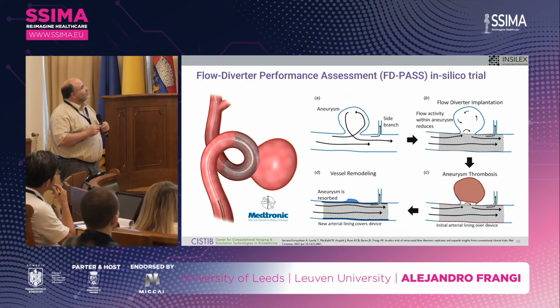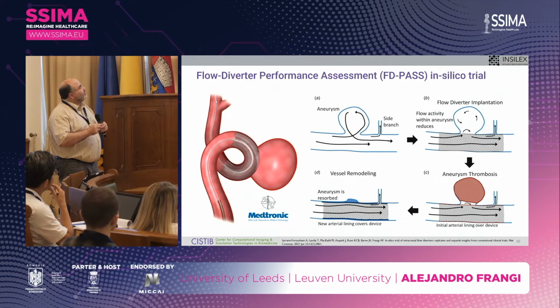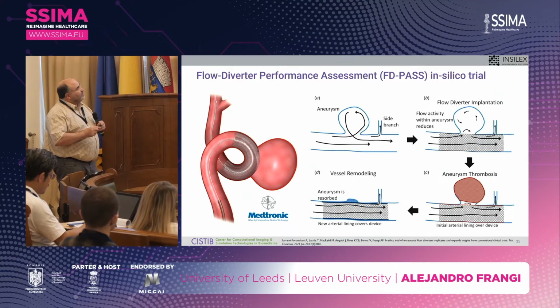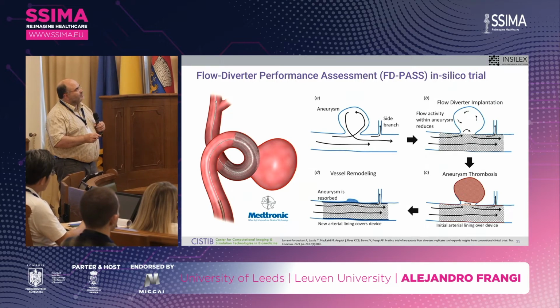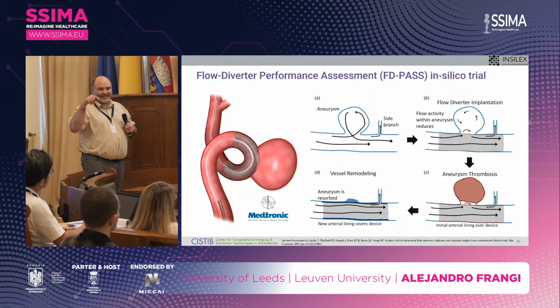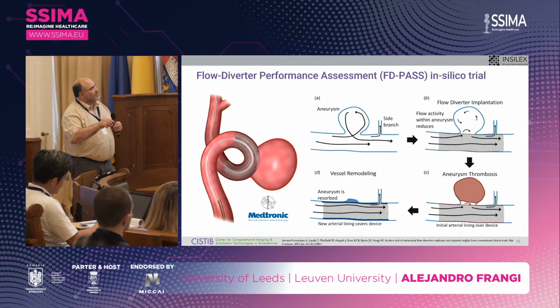So how do these devices work? You put it in with a catheter, you deploy it in the area of the neck. So the flow that usually was going through this aneurysm is now redirected through the main vessel. This blood starts to stagnate, and what happens to our blood when it stagnates? It clots, so it starts closing.